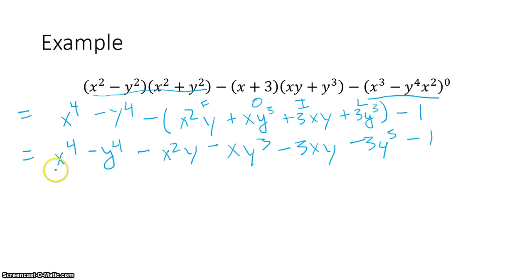Are there any other x to the 4th? Nope. Are there any other y to the 4th? Nope. Are there any x squared y? Nope. xy cubed? Nope. xy? No. y cubed? Nope. And no other constants.